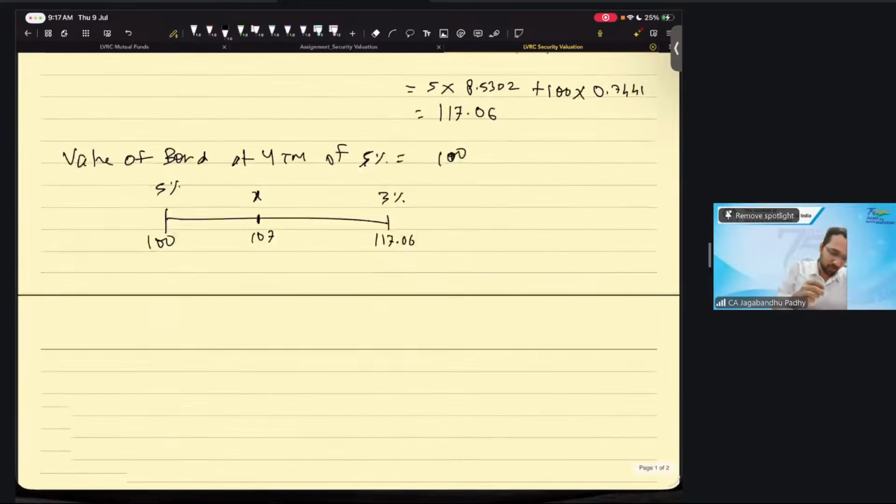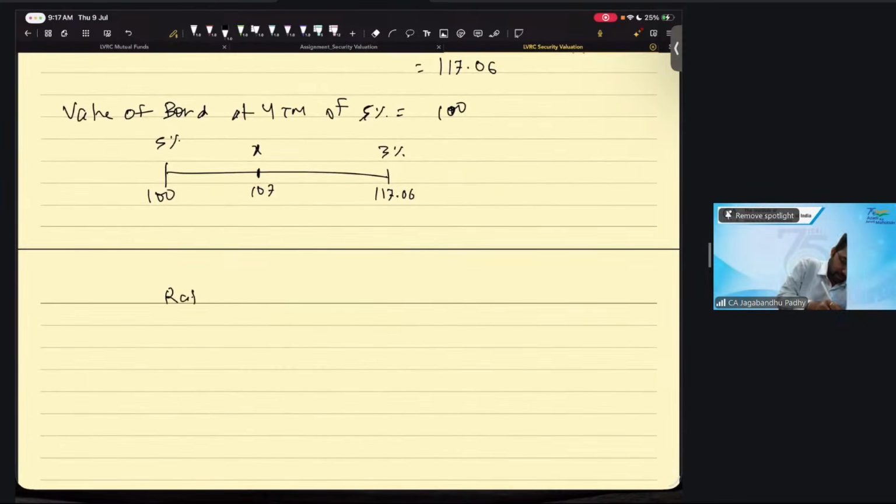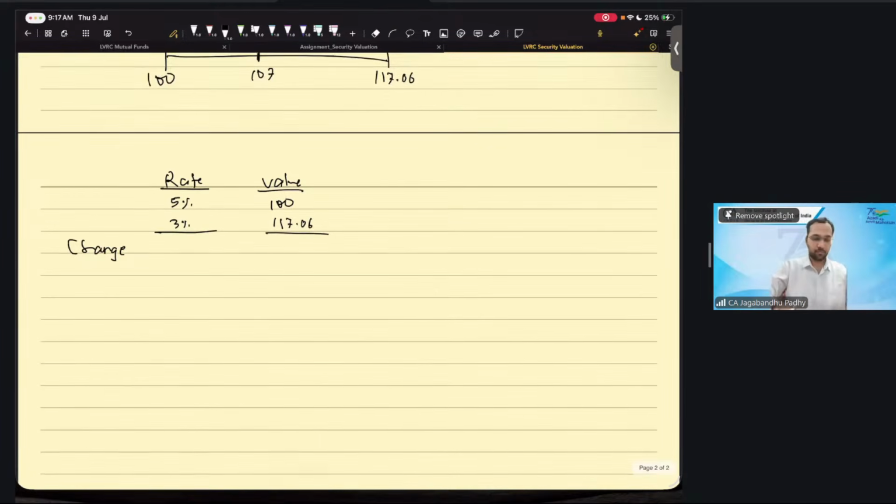Okay, fine. Then let me help you with that. So we'll say rate and value. When the rate was 5%, value is 100, and when the rate was 3%, value is 117.06. So what is the change that we are observing?